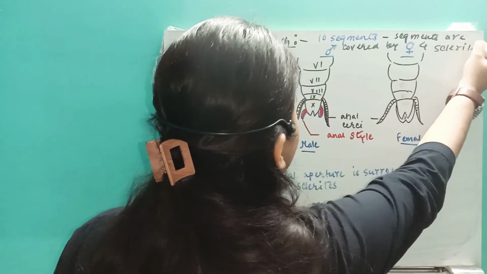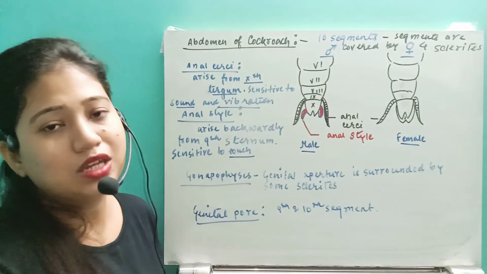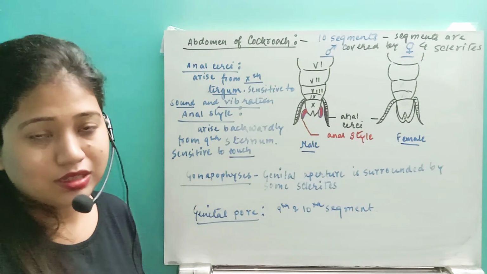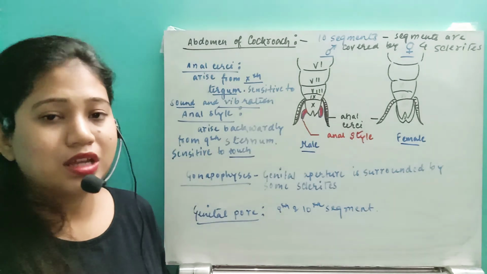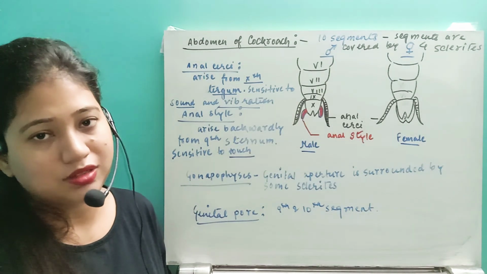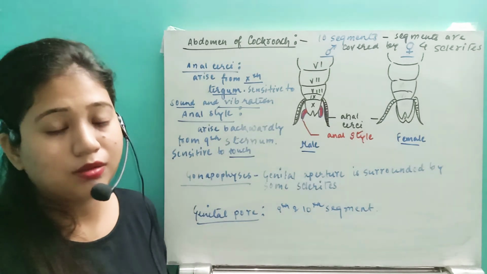So in one segment 4 sclerites are present. Dorsally it is known as the terga, singularly the tergum. Ventrally it is known as the sternum, and laterally it is known as the pleura. So that's all about the body.